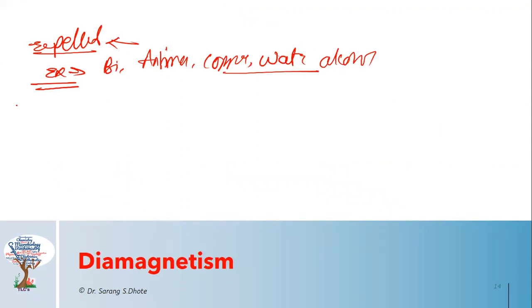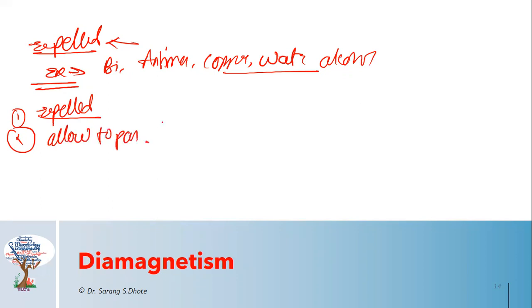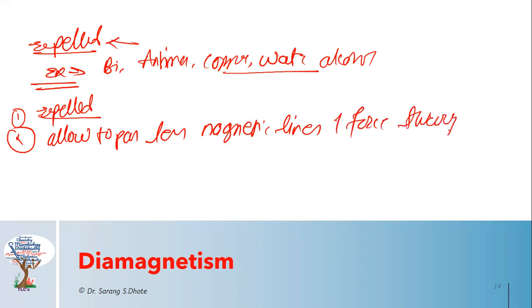What are the properties of diamagnetic compounds? Number one, diamagnetic substances are repelled by the magnetic field. Number two, when these substances are placed in a magnetic field, they allow less magnetic lines of force to pass through them as compared to vacuum.